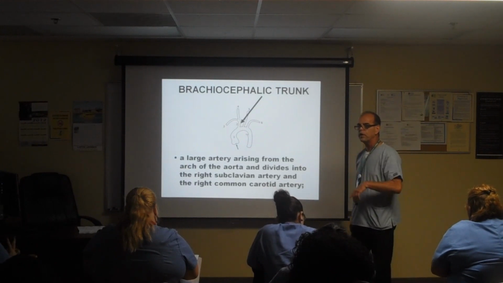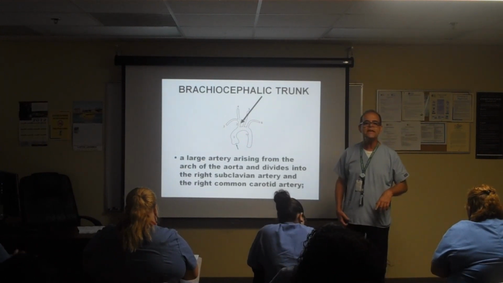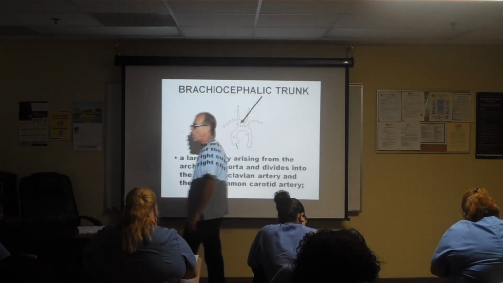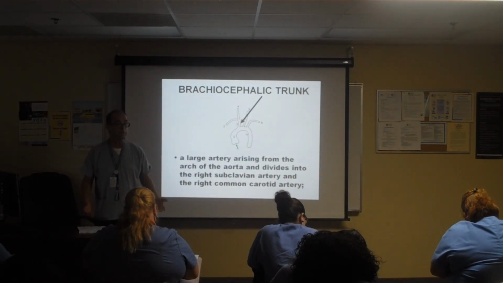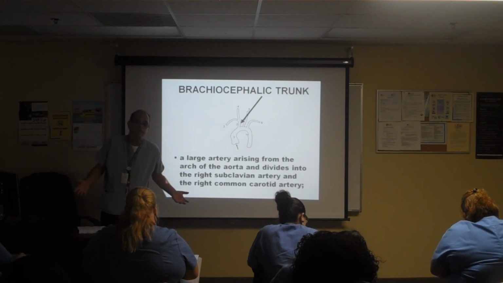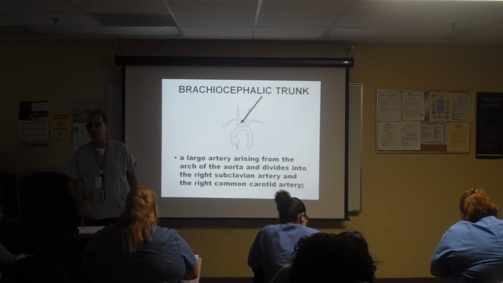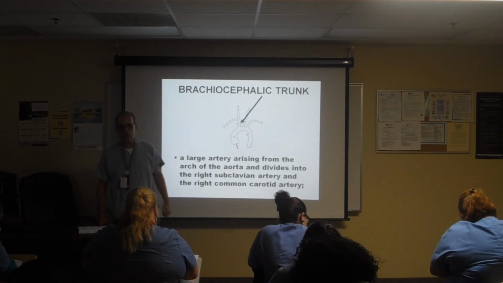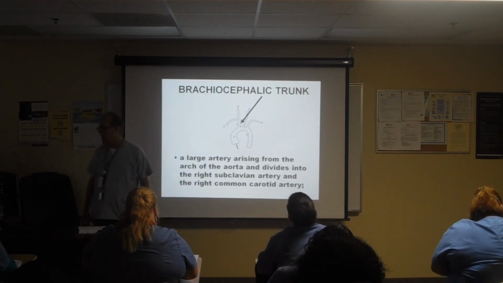In a lot of books it is called the innominate artery, the artery that has no name. It's very good because if it is the only artery with no name, everybody remembers. A lot of books talk about the innominate artery. The brachiocephalic trunk is also called the innominate artery.